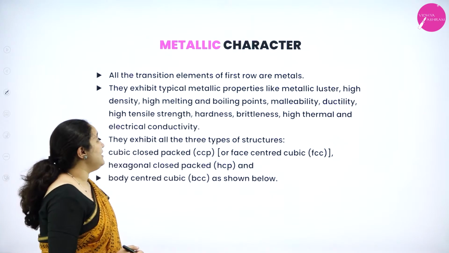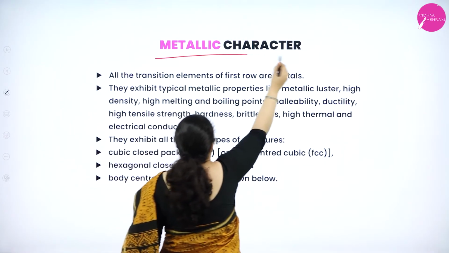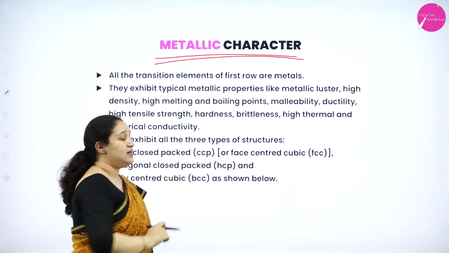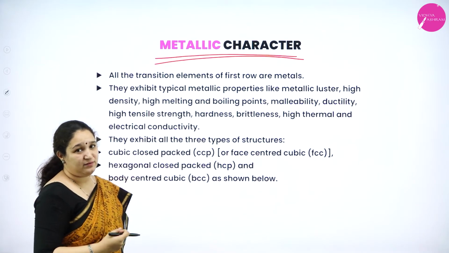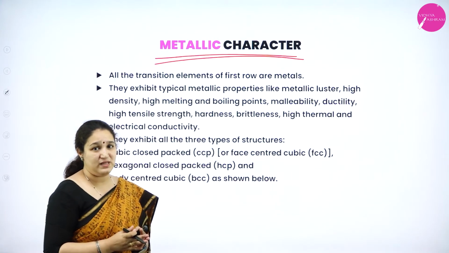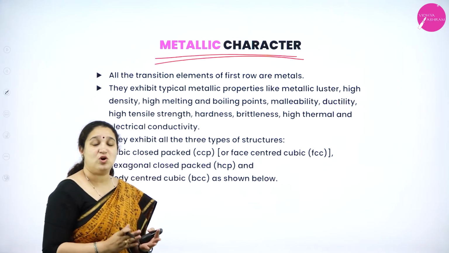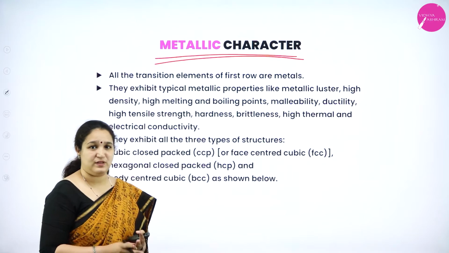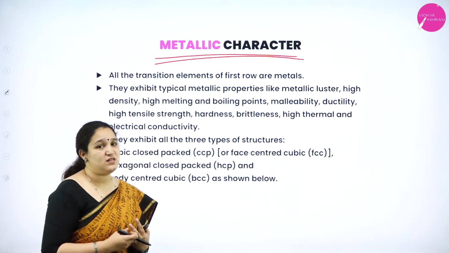Next we have the metallic character. So what is the metallic character? We know all the transition elements are solid metals except mercury, correct? And what are the characteristics of metals?